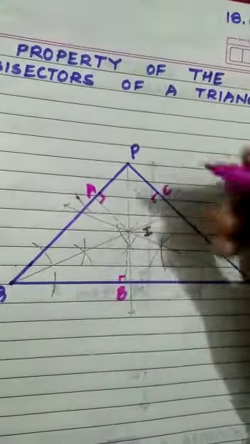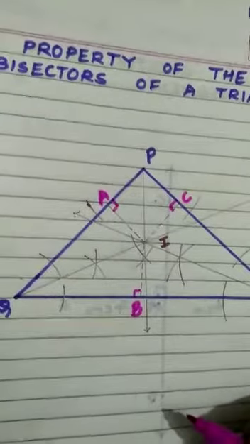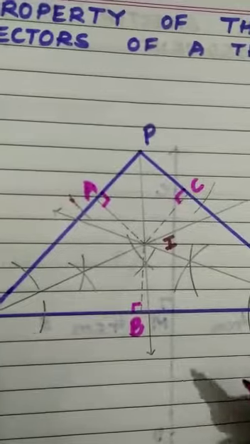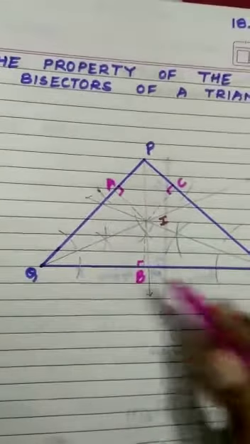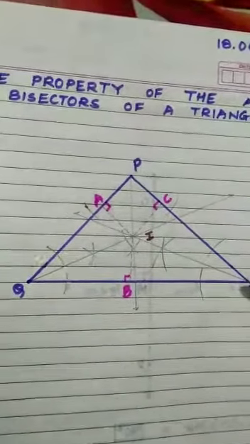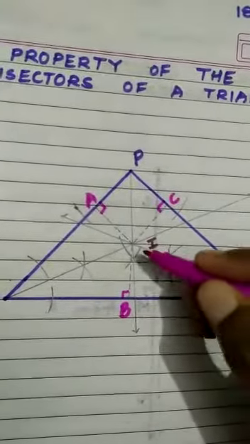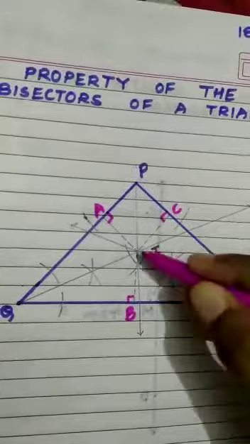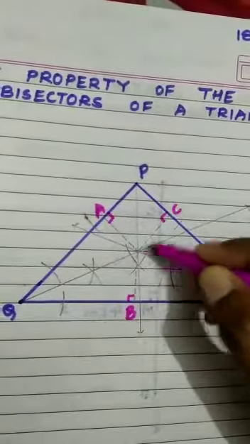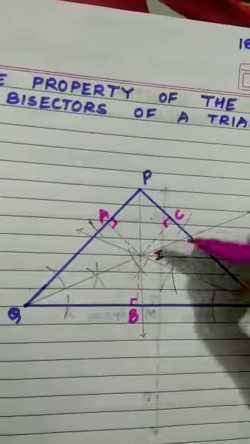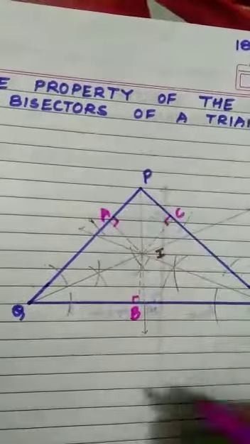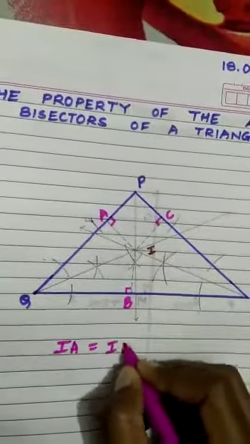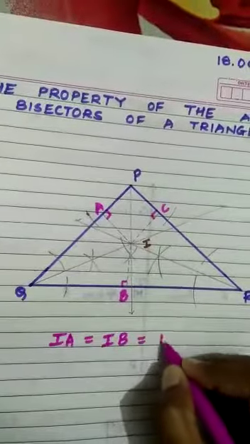If we draw perpendiculars onto the sides of triangle PQ, QR and PR, then measure the lengths of these perpendiculars. If you measure the length of these perpendiculars, IA is equal to IB is equal to IC.